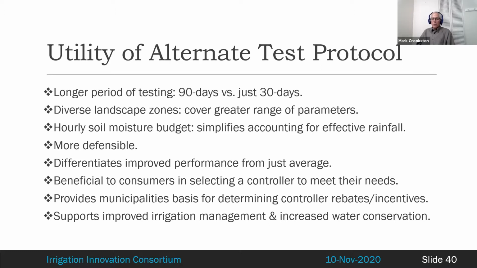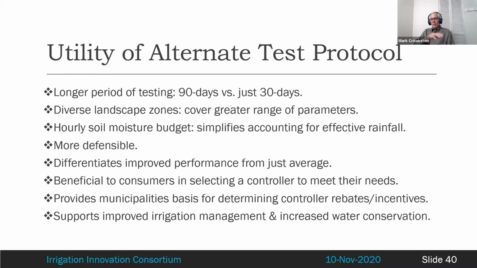And as I reviewed the soil moisture balance graphs from the 2019 testing, it was clear that the controllers had multiple zones with 30-day periods where irrigation adequacy and efficiency expectations could be met. However, the more rigorous 90 days indicated that it doesn't always hold over long time periods, and rainfall is one of the things it has to account for.